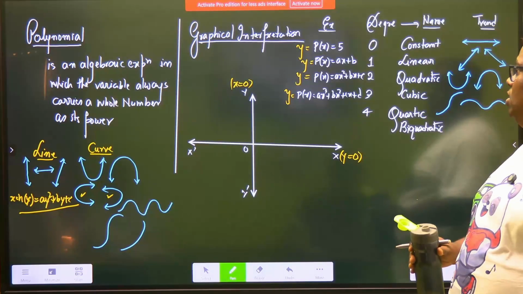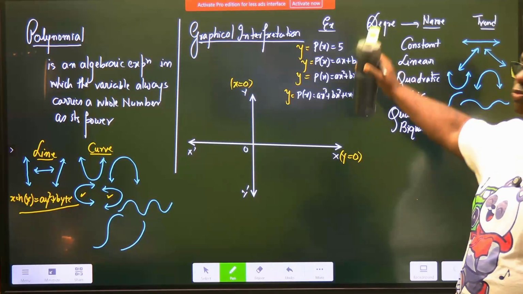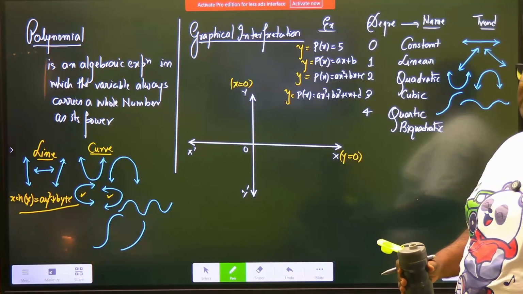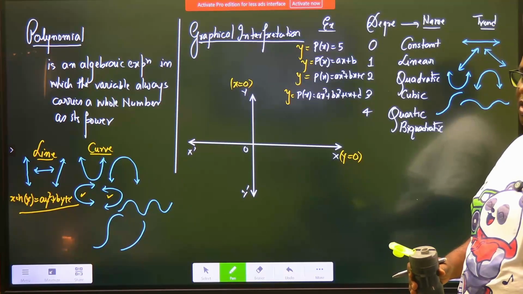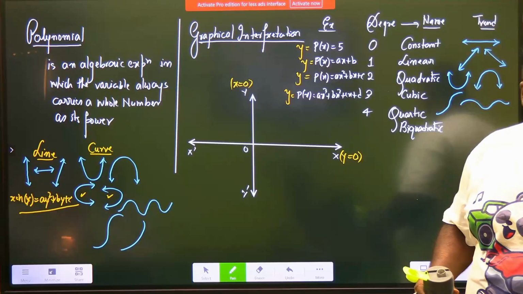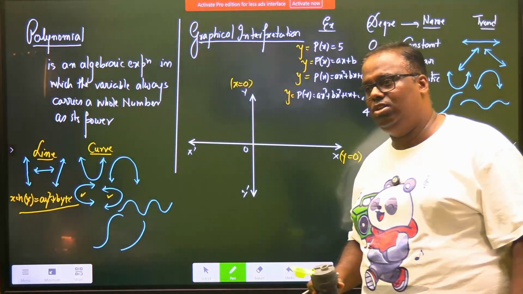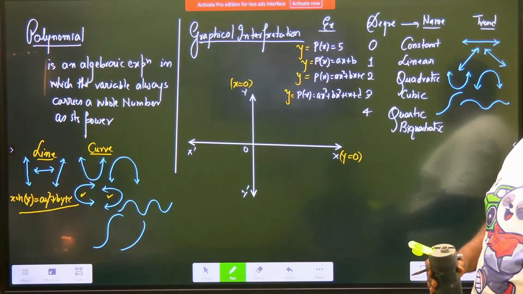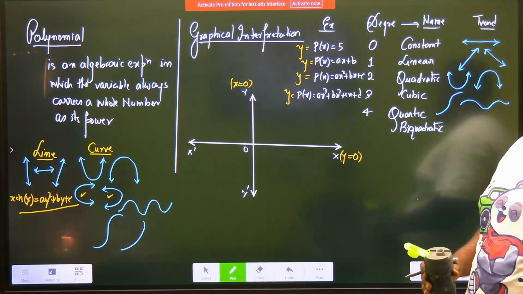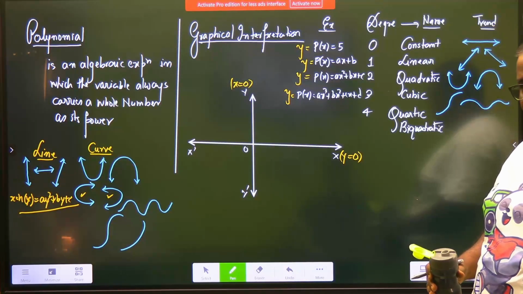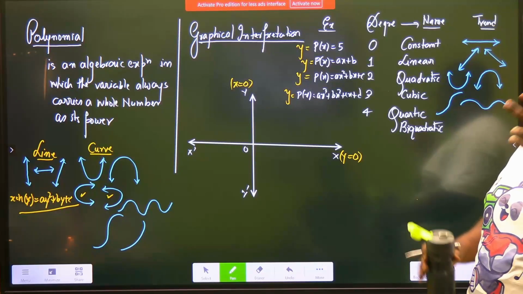Then we discussed the standard formats of constant, linear, quadratic, cubic, and the trends of their curves or graphs rather. Straight lines will be seen only in linear and constant. Constant will give you a sleeping line, linear will give you a slanting line, quadratic will give you a parabola opening up or a parabola opening down, and cubics give you curves.